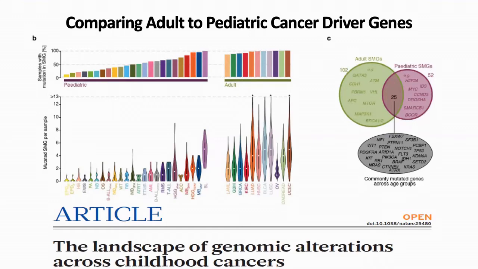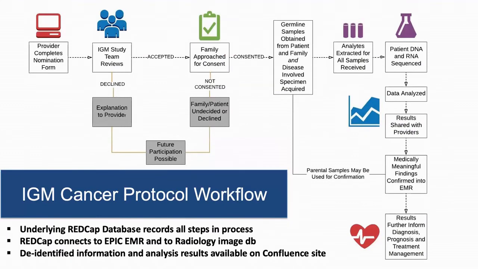Again, in the comparison between the two, you see the Venn diagram on the right showing that there's very little overlap in significantly mutated genes. And in the gray area, many of the significantly mutated genes that are shared are actually tumor suppressor genes. And so these are very difficult, if not impossible, to drug.